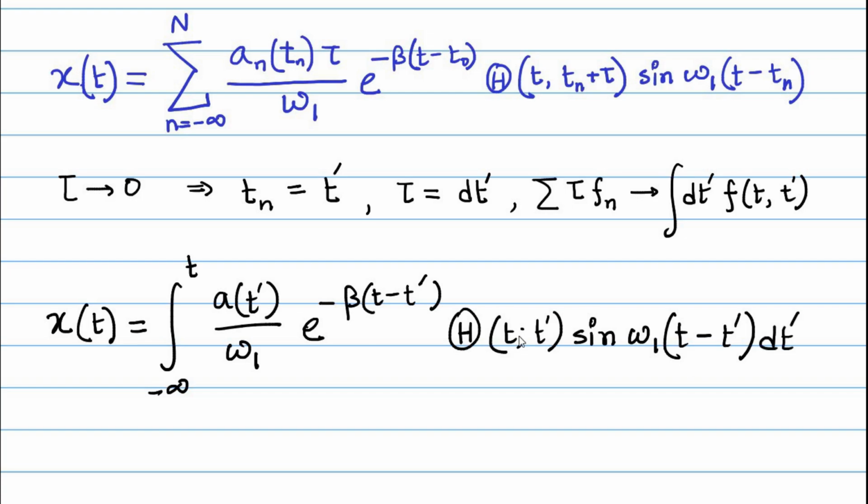Okay, so you compare between the two expressions. One is the discrete expression written in blue, and the other is the continuous expression written in black. Compare between the two, and I think it is very straightforward how to get to the continuous form from the discrete form.